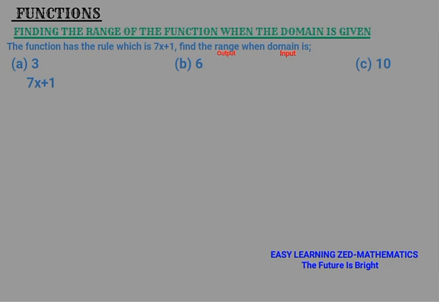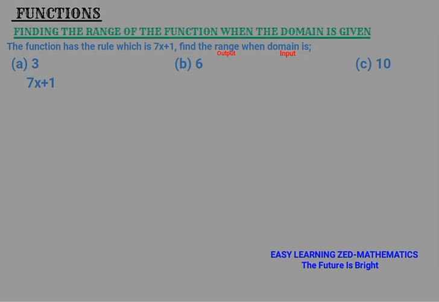So now coming to our topic, we are saying the function has the rule 7x plus 1. Find the range when domain is A 3, B 6, C 10. Okay, so I want to find the output. When our input is 3, what is the output, using the process which is 7x plus 1?